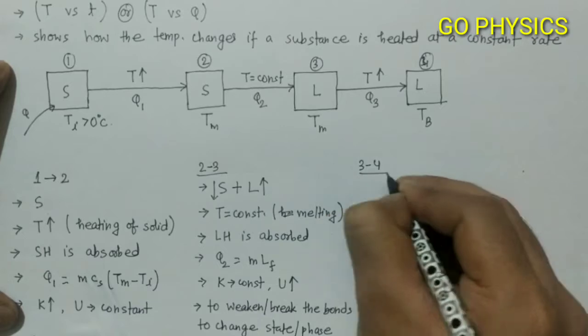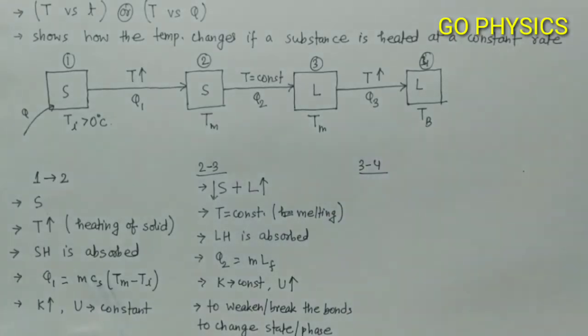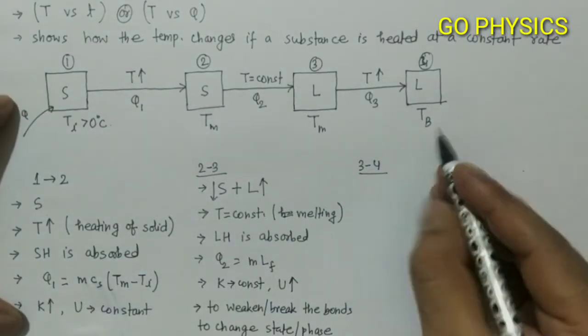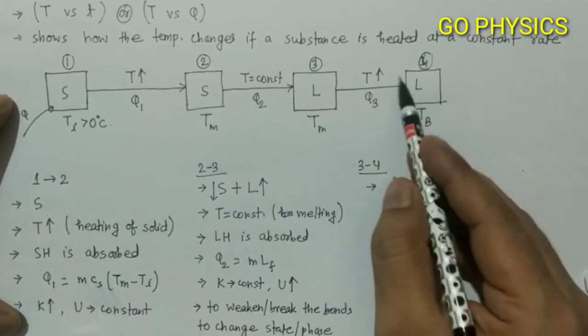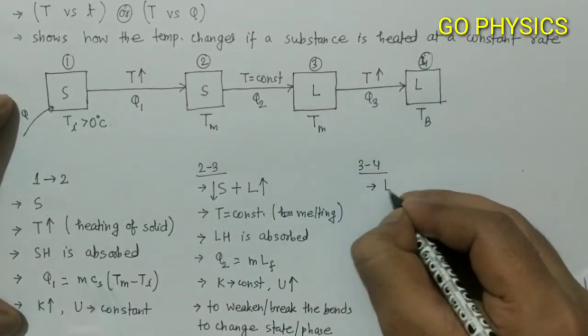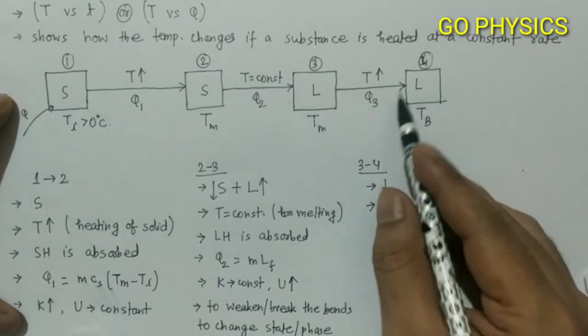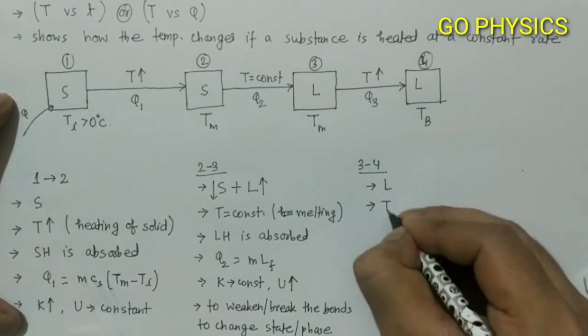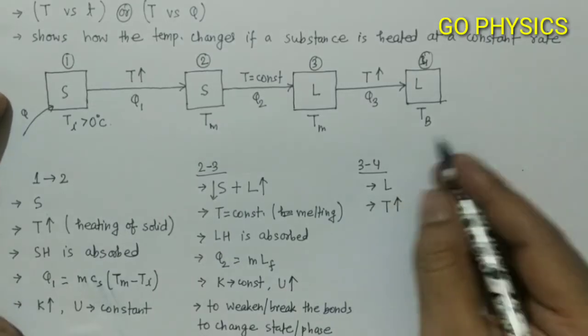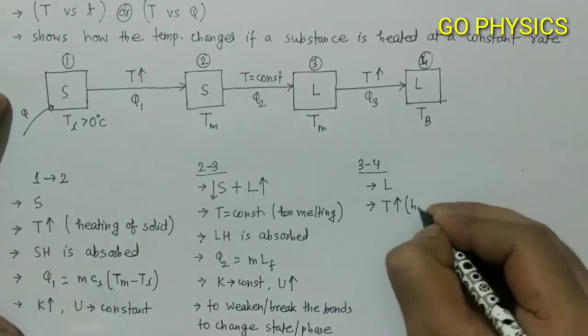So during the process 3 to 4, inside the system we will have only liquid phase. Second point to be noted, that temperature of the liquid will keep on rising. This process is called heating of liquid.